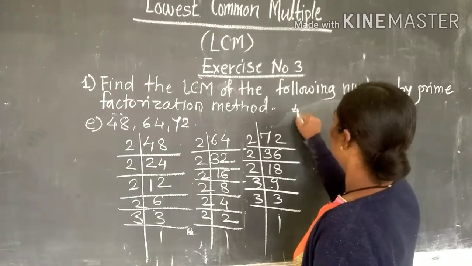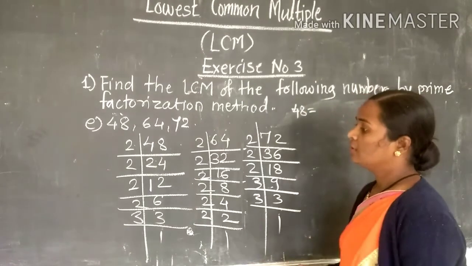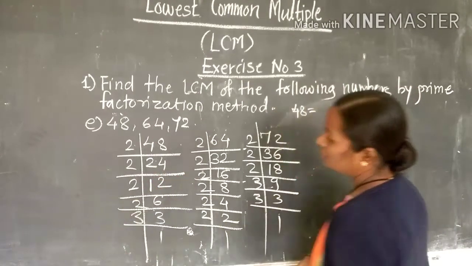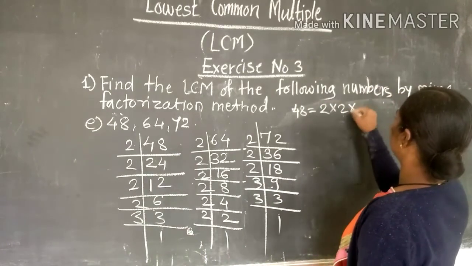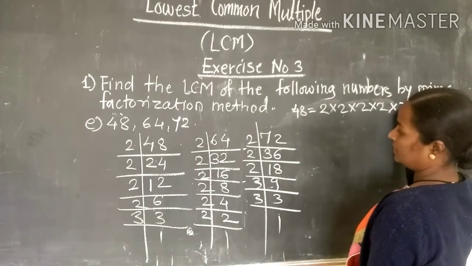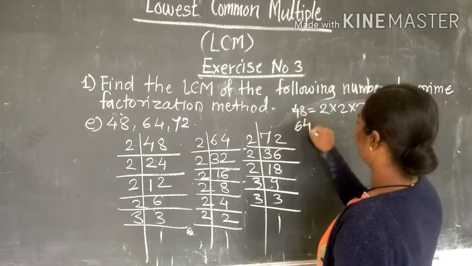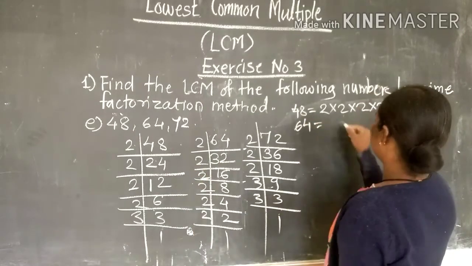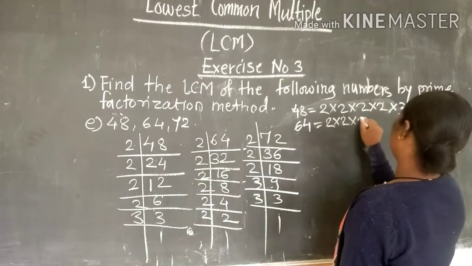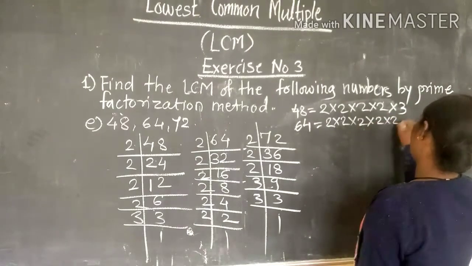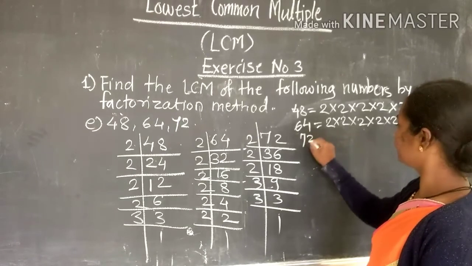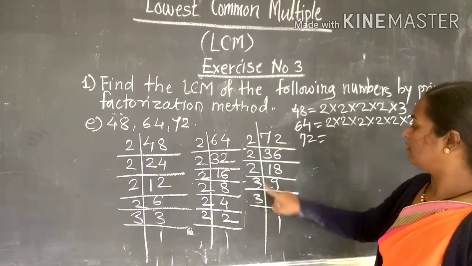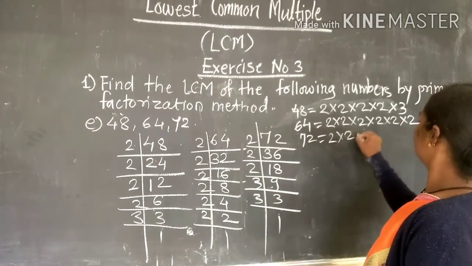For 48, which factors have we got? 2 into 2 into 2 into 2 and 3, four 2s and a 3. For 64, six 2s. Then for 72, three 2s and 3 into 3.